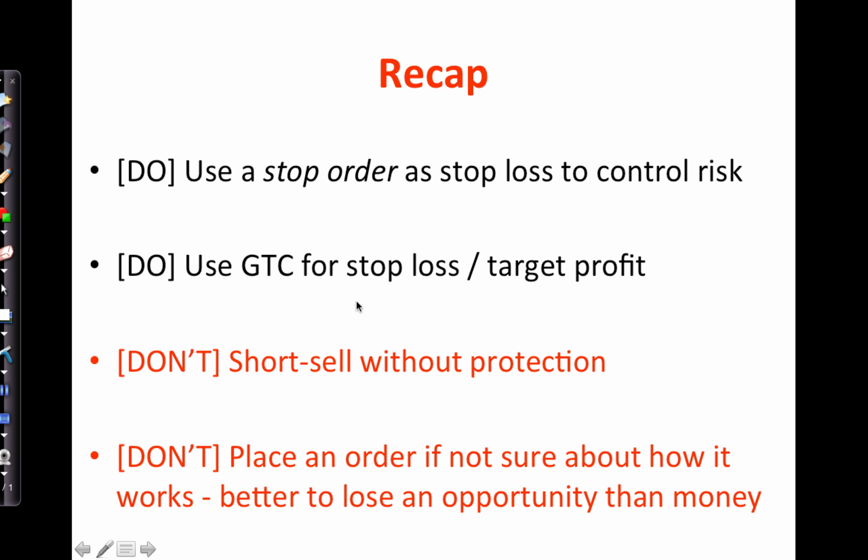So, just to summarize, we have seen how we can buy and sell, and how we can combine the orders that we have seen in the previous video. Something that you should do, unless you are really using a buy and hold approach or dollar cost averaging, and you are really, really confident that in the long term the price will go up, is always use a stop loss to control your risk.